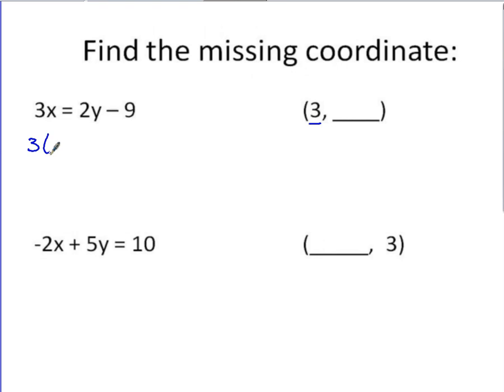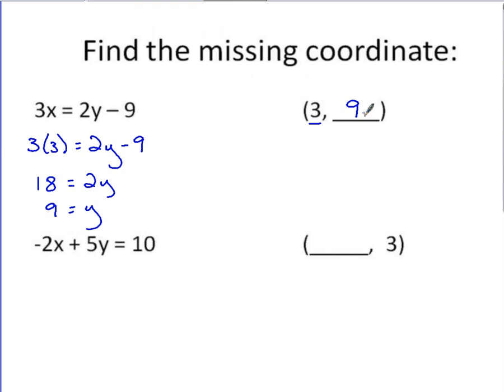So 3 times 3, and I'm going to solve for y to get my missing y coordinate. Now let's see, we got 9 here. We'd be adding 9 over. So it'd be 18 equals 2y. Divide through by 2. y equals 9.